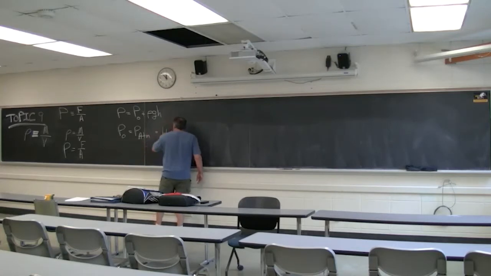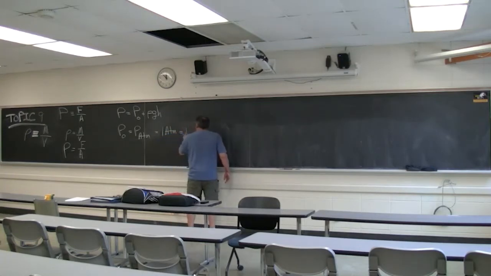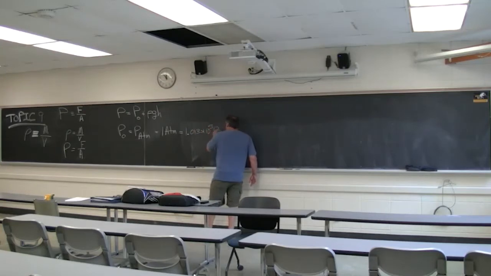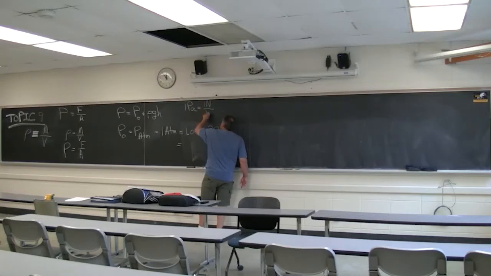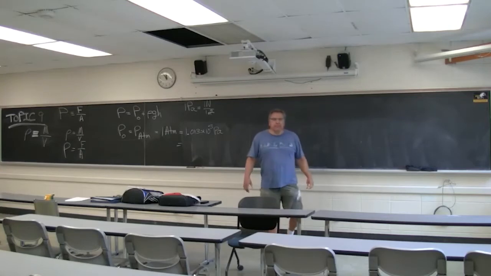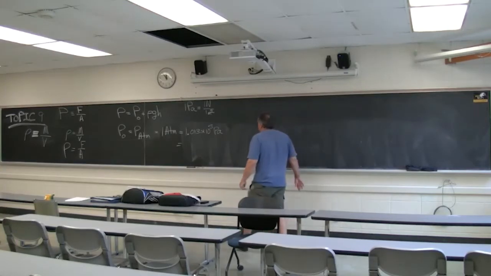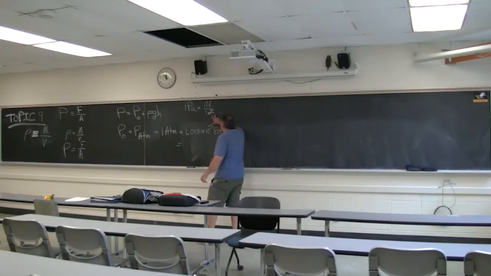We call it 1 atmosphere of pressure, which is equal to 1.013 times 10 to the 5th pascals. What's a pascal? 1 pascal is 1 Newton of force exerted onto an area of 1 square meter.